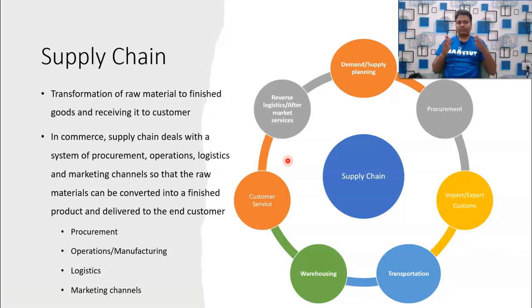So between all the different nodes, material is moving or supplied from node A to node B to node C to node D and so on. So from there only the supply has come up.